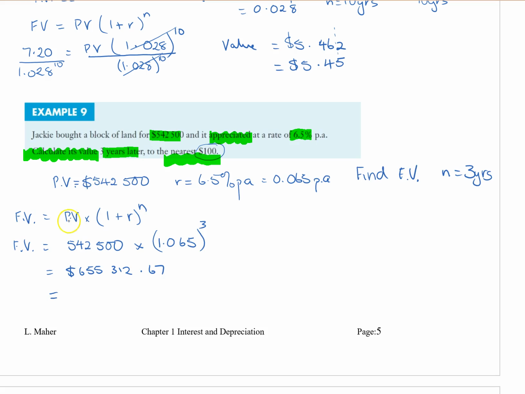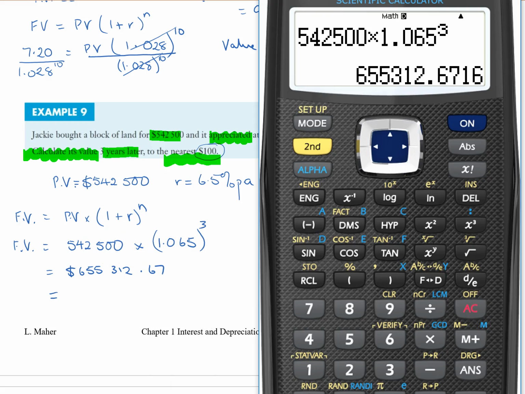And so you can see, using the future value formula, we translated those highlighted features into mathematical terms. Subbing into the formula, we're finding the future value. Subbing in, going to the calculator, you get this answer, 655,312.67.